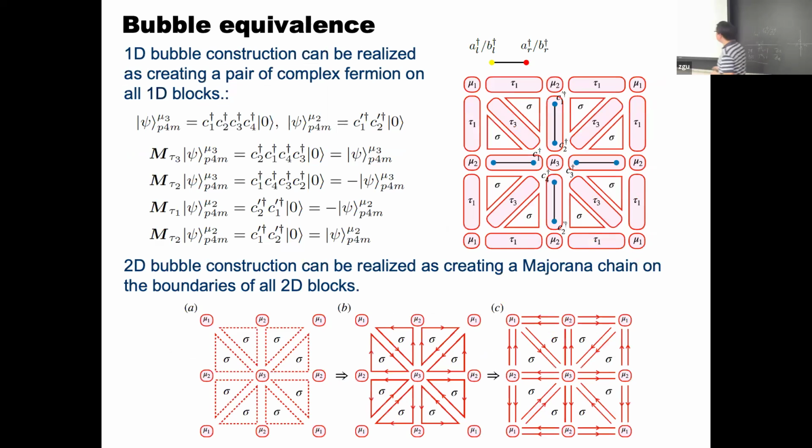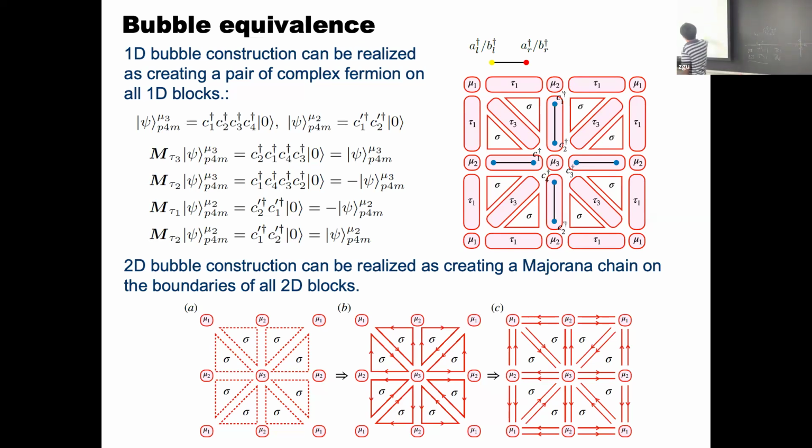So we first talk about the 0D block. The 0D block is very similar to the case with purely point group symmetry. Surrounding, for example, the D4 mu3 point, we can also create a fermion and make the mirror reflection eigenvalue and rotation eigenvalue trivial. But here you can see we should prepare these fermions in pairs, so it's slightly different from the infinite chain.